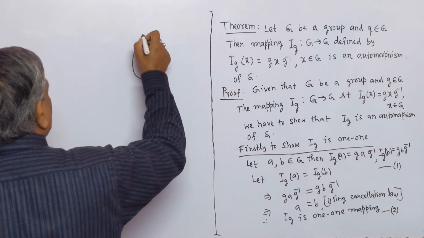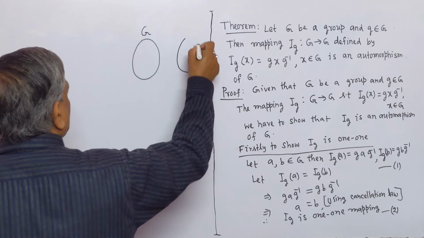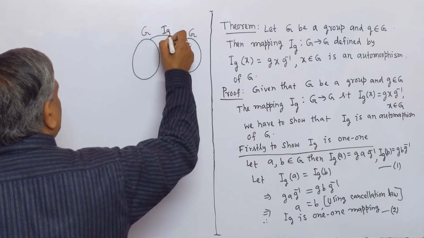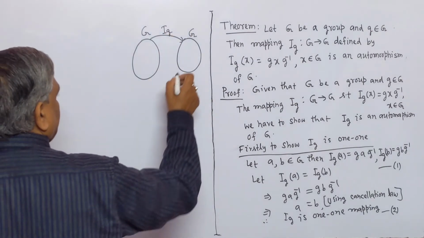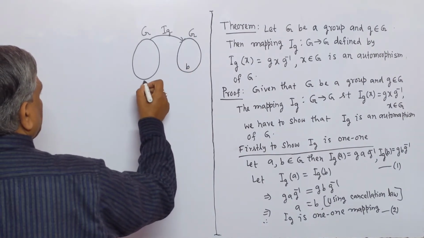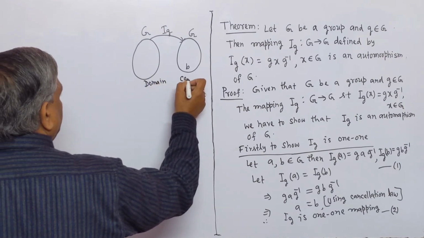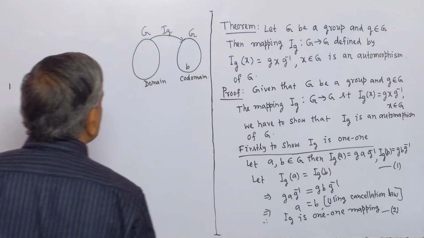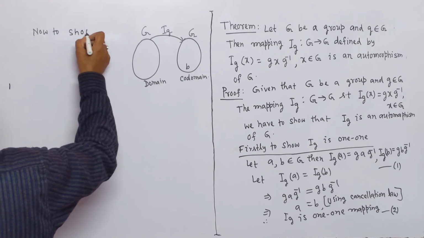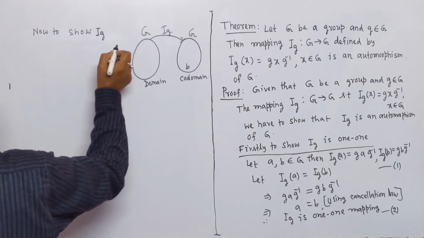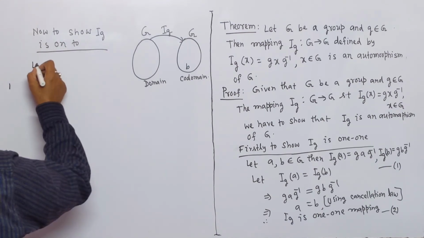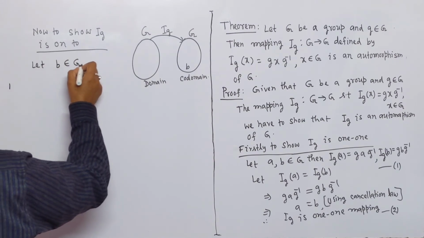This is group G, this is also group G, this is the I_g mapping. This is domain and this is codomain. Now, to show I_g is onto, let B belong to G codomain.